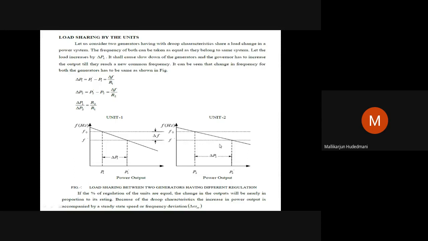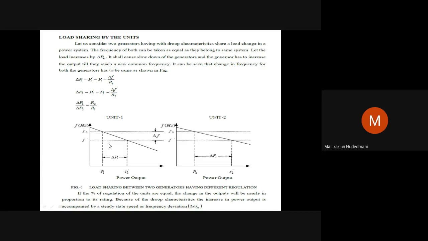If I project a line forward from this frequency, it will intersect with the first unit's value and the second unit's value. The vertical width between P1 and some other point P1 dash, I call the expected change from machine 1, and similarly the expected change from machine 2. If I add these two, it must be equal to delta PL.